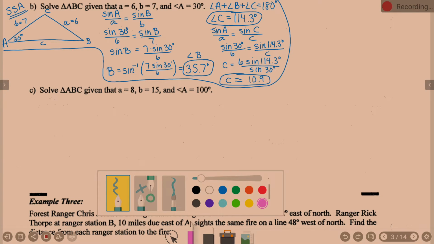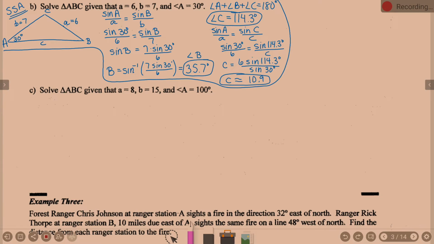Okay. The idea I said is there are two triangles, right? So we have this triangle with the provided information that A is 30 degrees, A is 6, and B is 7. So the idea is, I'm going to try and draw a partially dotted triangle there, because here's the deal.